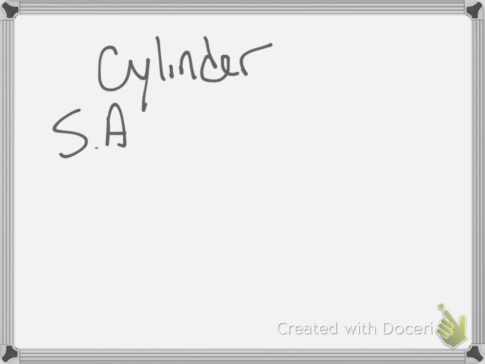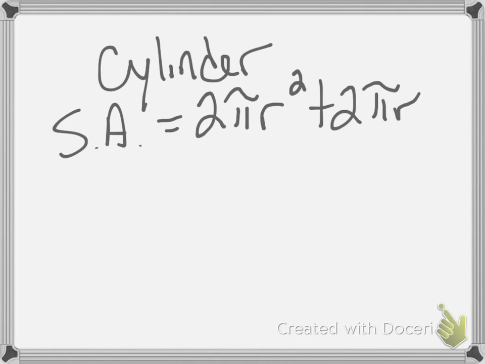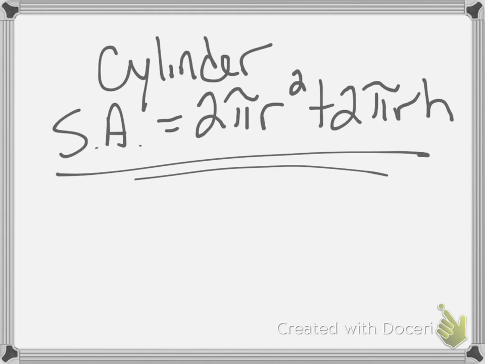Then on the right-hand side, you have the surface area of a cylinder. SA, surface area, is equal to 2 pi r, which is radius, squared, plus 2 pi rh. This is one that you should know like the back of your hand, because it's a common one.